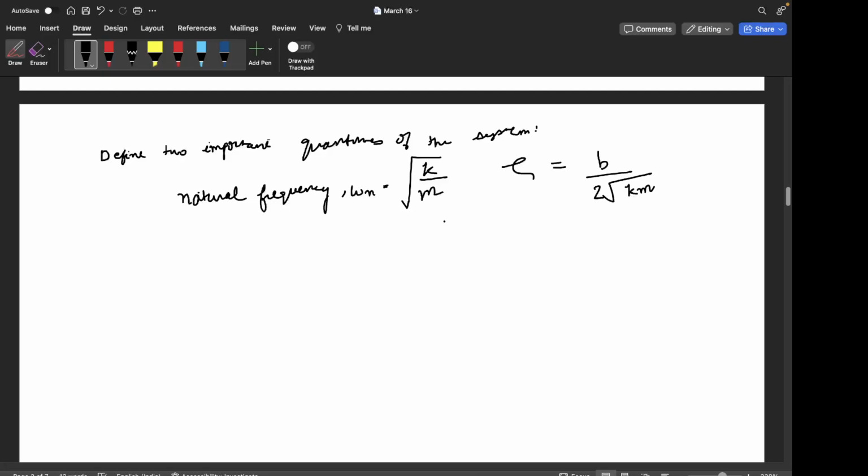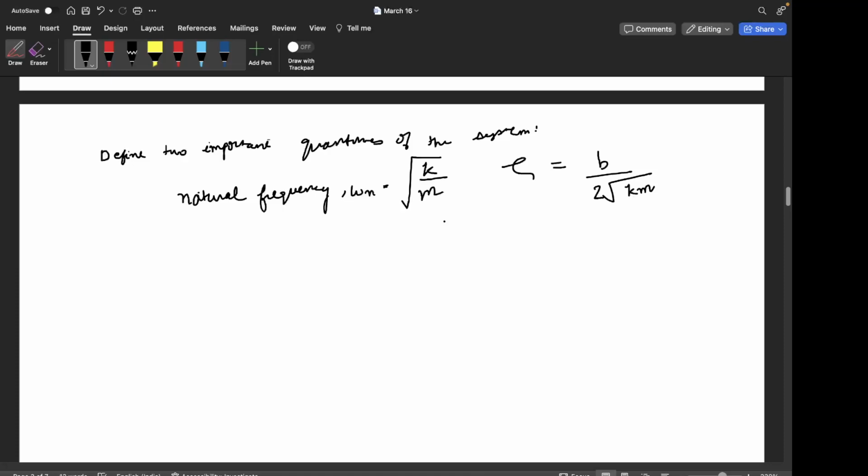So for any system, however complicated it may be, we can find the natural frequency of the system. And the damping ratio is the number which quantifies how much damping is present in the system.